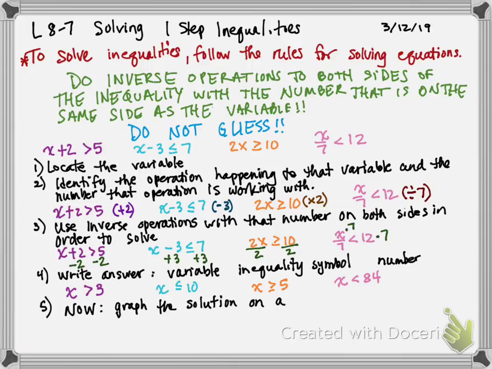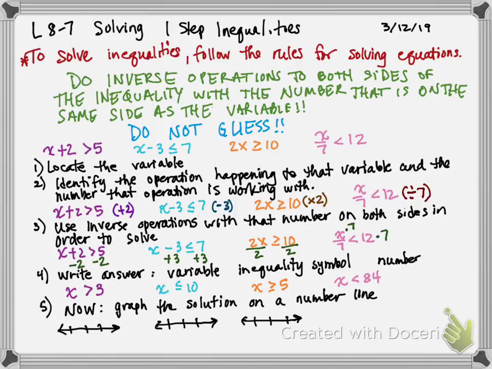On a number line. So remember I talked about if I have a whole number answer, I'm only going to put 3 numbers on my number line. 1, 2, 3. So I'm going to create all my little graphs.